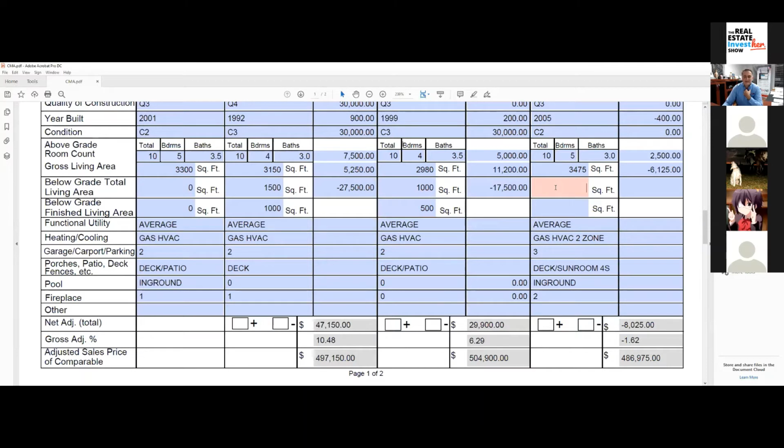Okay. Now let's say this home, 3,475, there's no basement. Or let's say there's a basement, and let's give them 1,700 square feet basement, and 0 square feet finished. Therefore, adjustments is how much? 0.